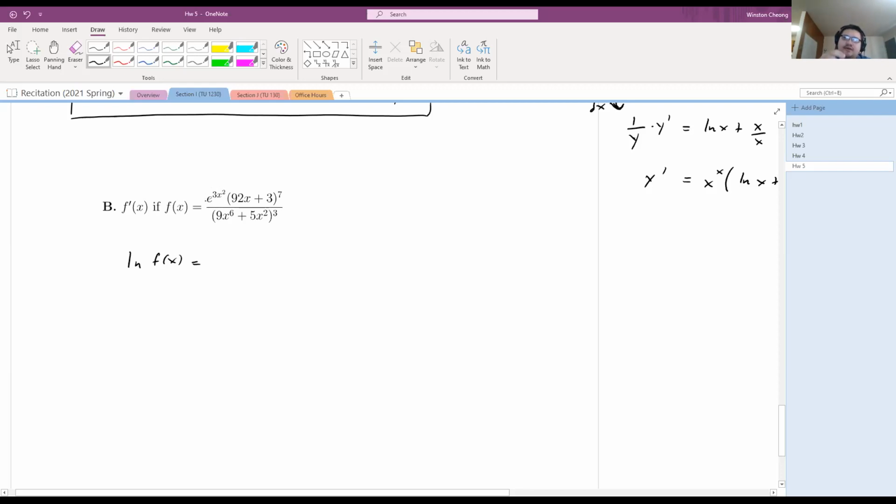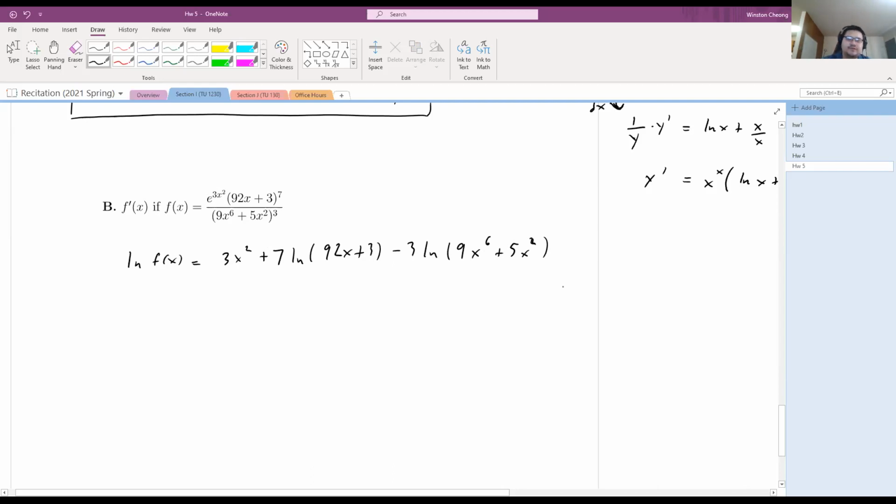Ln of e is 1, so they're going to cancel each other, and you're just going to be left with a 3x squared. So we'll have a 3x squared as my first term. My next thing is going to be 7 ln of 92x plus 3, and then minus 3 ln of 9x to the 6 plus 5x squared.